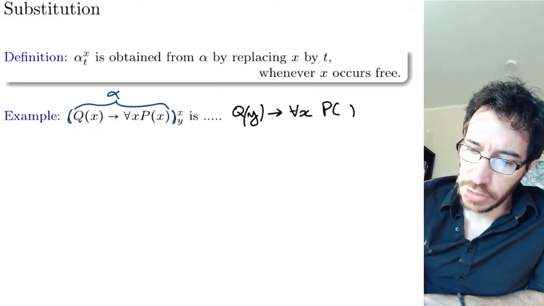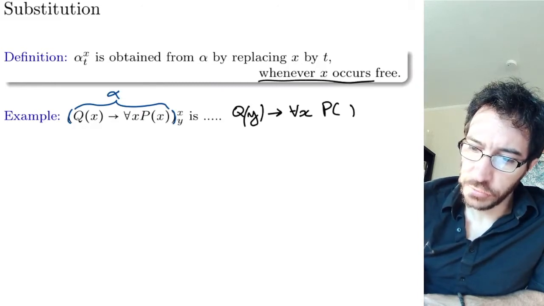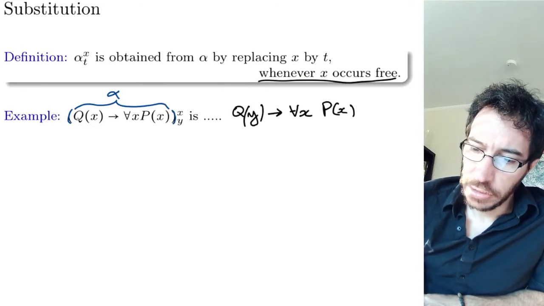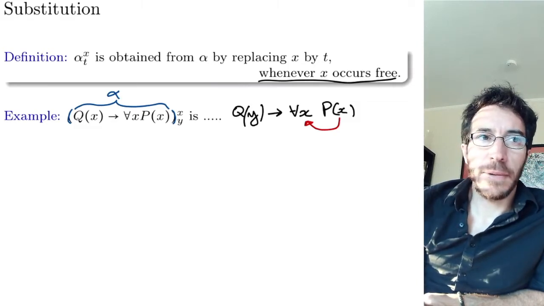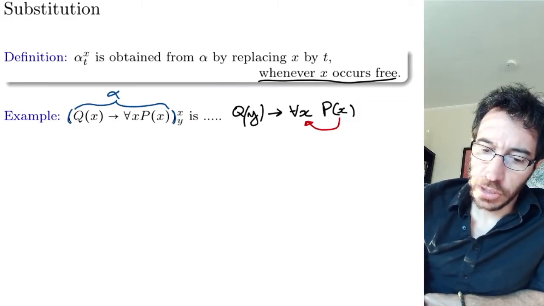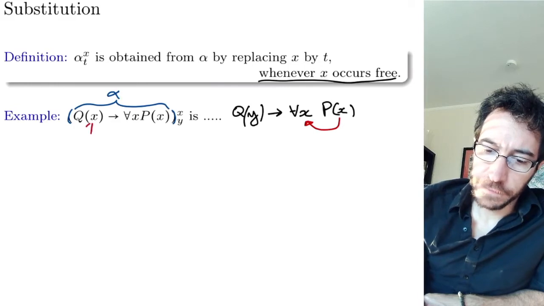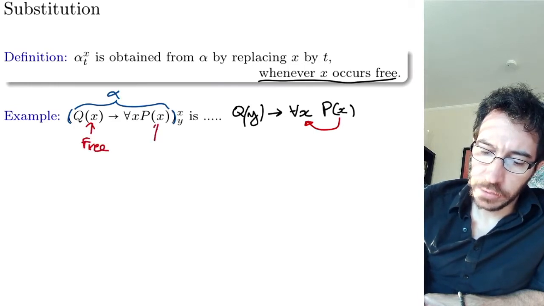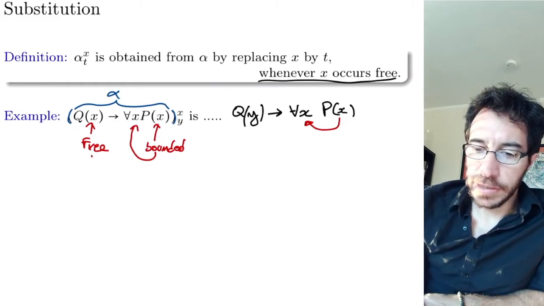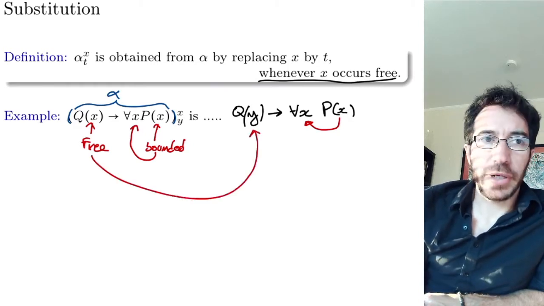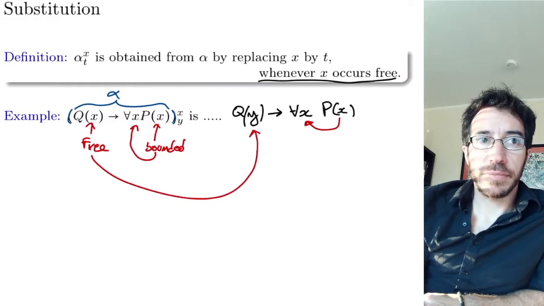No, because of what I said up here, whenever x occurs free. Here x is free, but here x is bound by this quantifier, so that one we don't replace. You only replace x by y in the case where it's free.